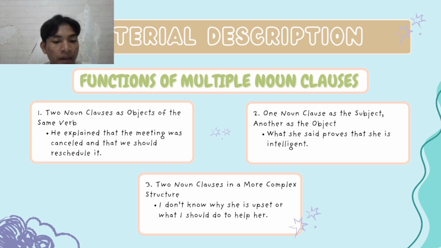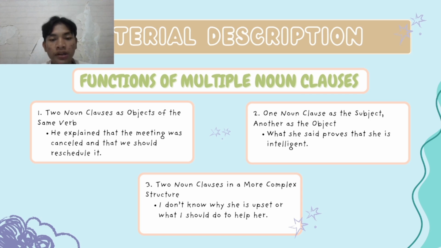For example: He explained that the meeting has been cancelled and we should reschedule it. Both noun clauses are objects of "explained." Formula is main clause plus verb plus noun clause 1 plus and plus noun clause 2.